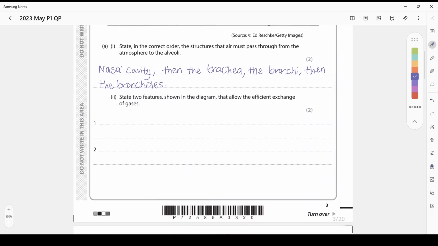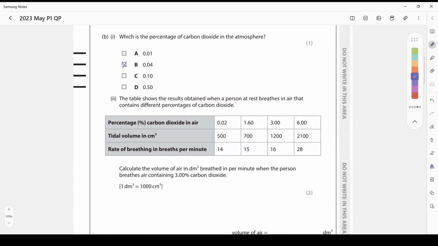All right, let's write that down. So number 1, it has thin epithelium, or you can say thin walls. And number 2, it has a large surface area.